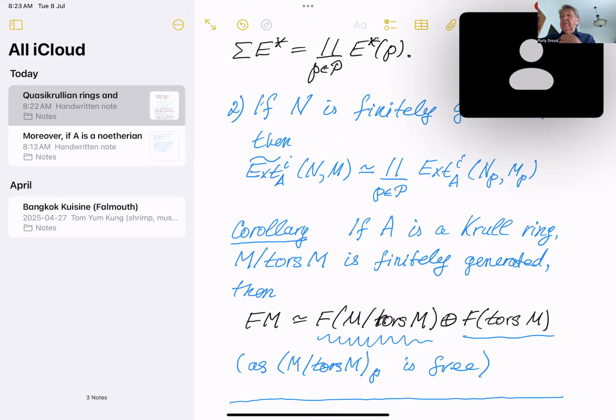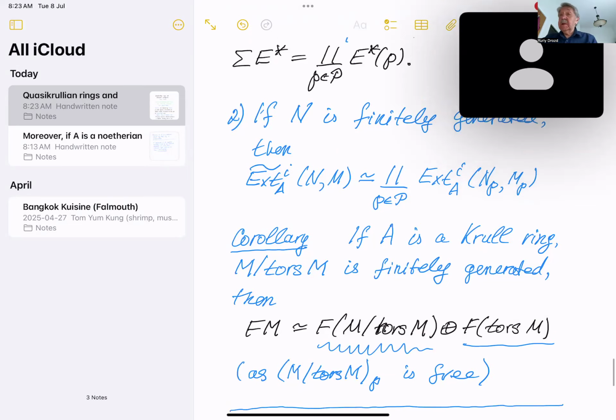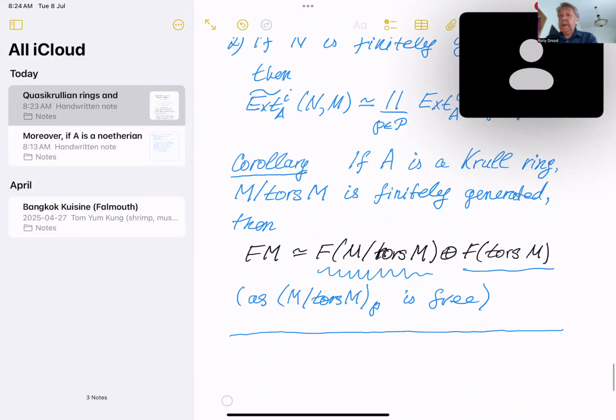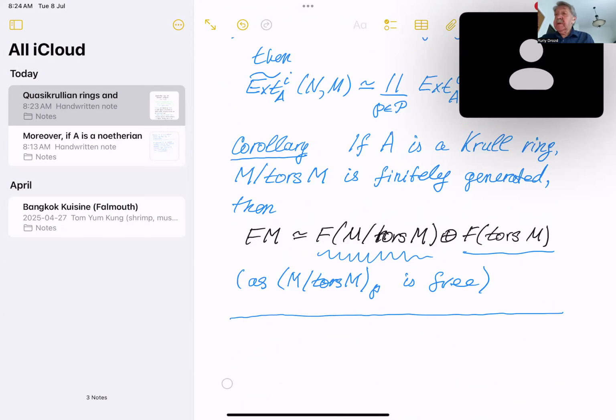I recall that for integrally closed Noetherian domains, it is proved in Bourbaki's Commutative Algebra in chapter 7. So it follows immediately from this theorem, since in our case, M modulo tors M, all localizations are free. Okay, I think that's everything I am going to tell about this tilde category at the moment.